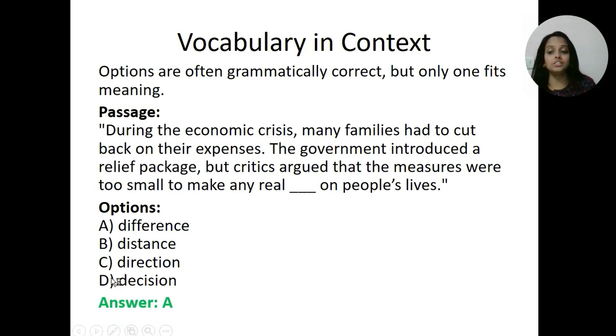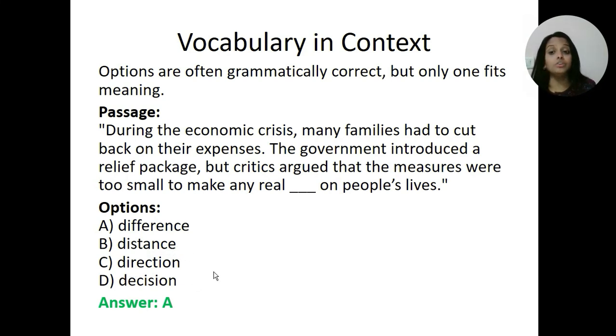The correct option is option A difference. If you see the context here, government measures helping people, that's the context, right? And if you see make any real difference, that's a common collocation which fits the meaning. And if you have taken the word distance, which means a physical measure, which is very illogical.